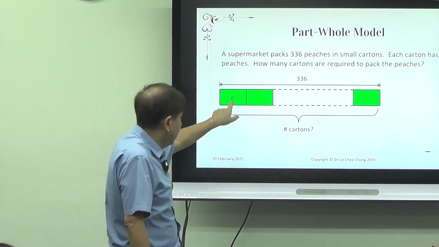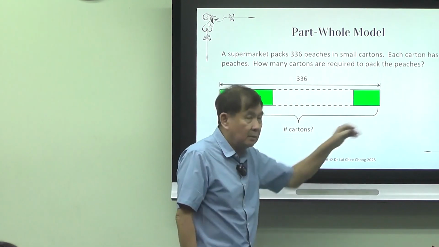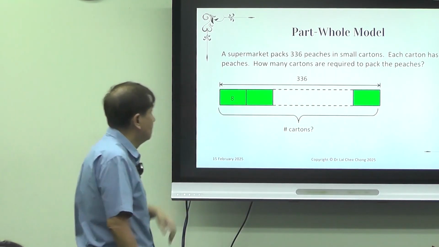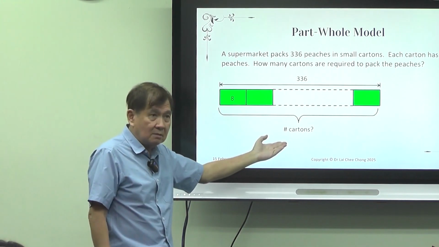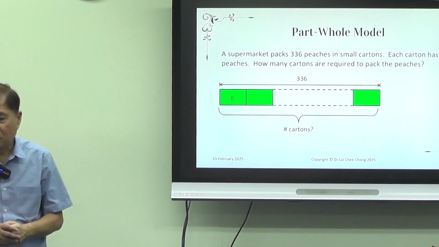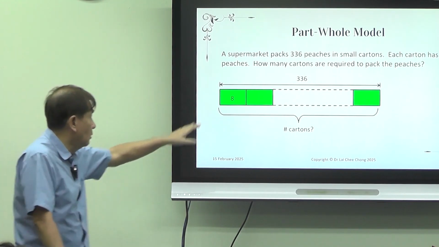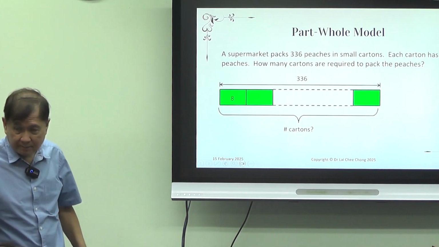So I know each one is 8, and I know the total number, after I pack all into the cartons, will be 336. How many cartons? That's how they draw the bar model. Quite straightforward. You can see the part-whole, right? The whole is 336, the part is 8. So that's how they will see it.